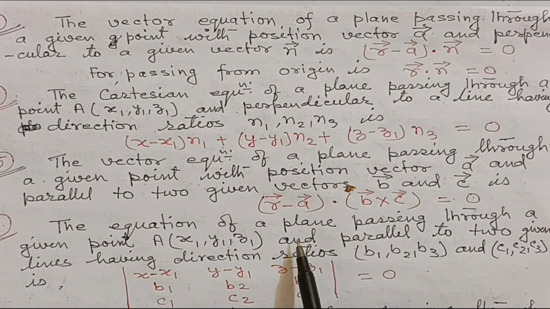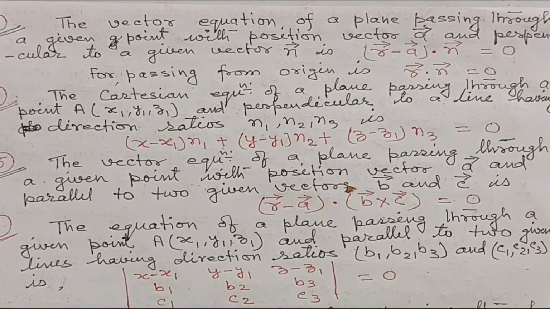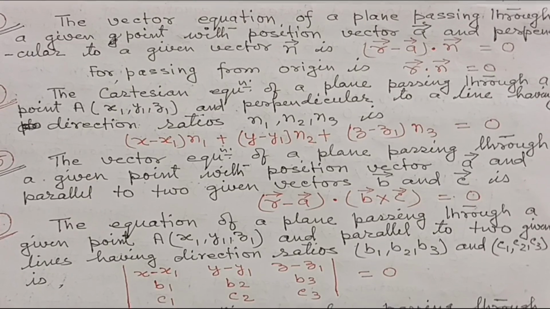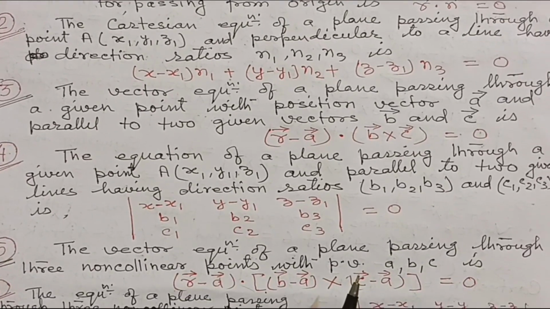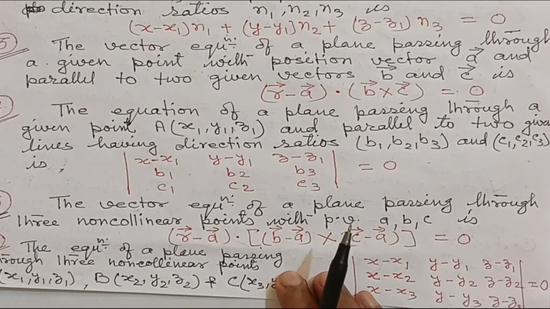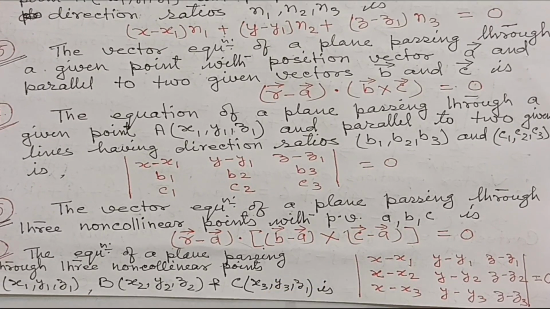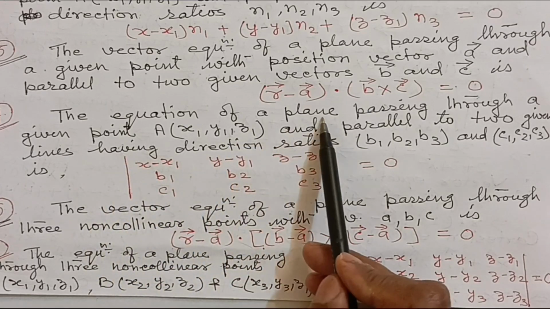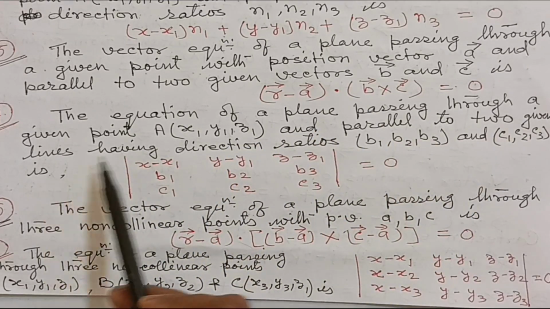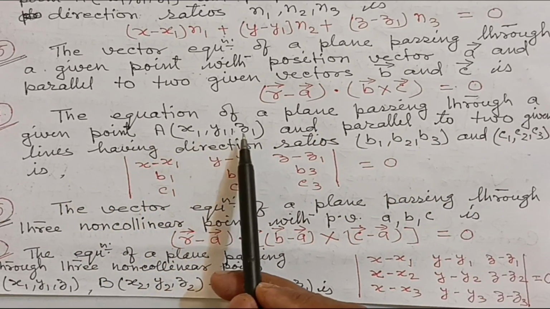Now its Cartesian equation. The equation of a plane passing through a given point A, x1, y1, z1.